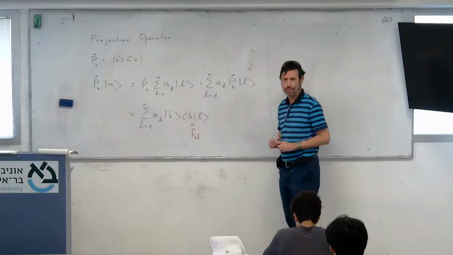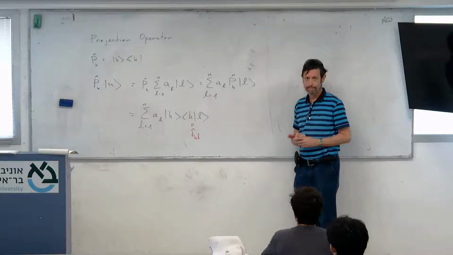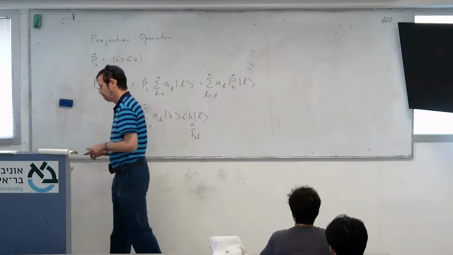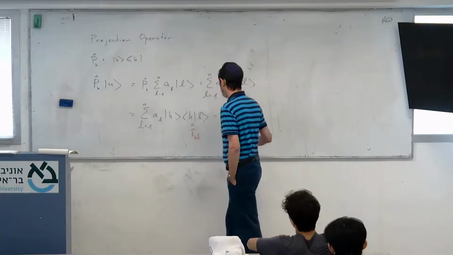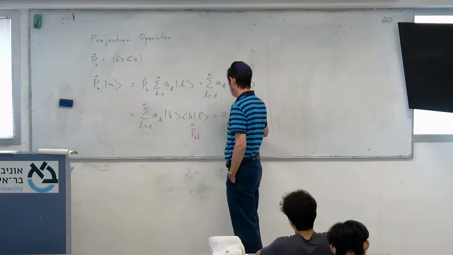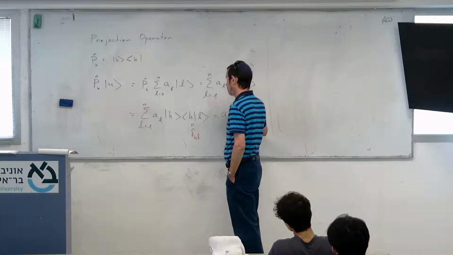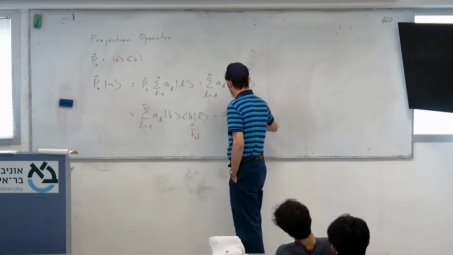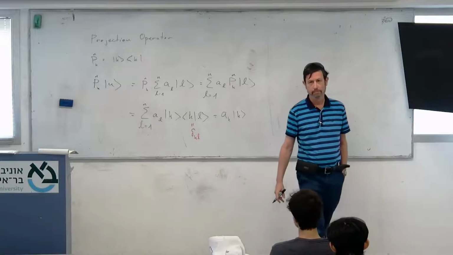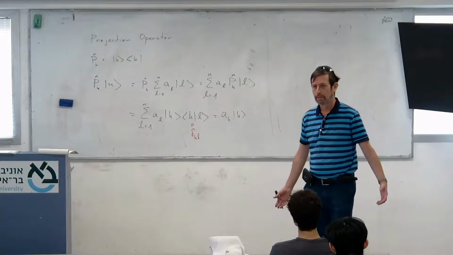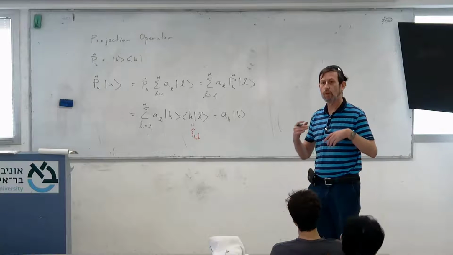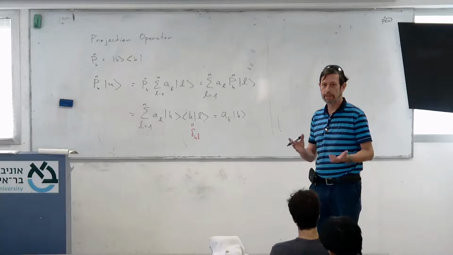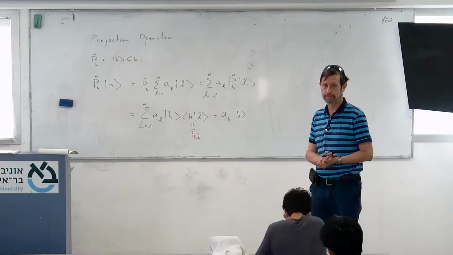Use the delta function. It throws out all components except the components along the k basis vector.